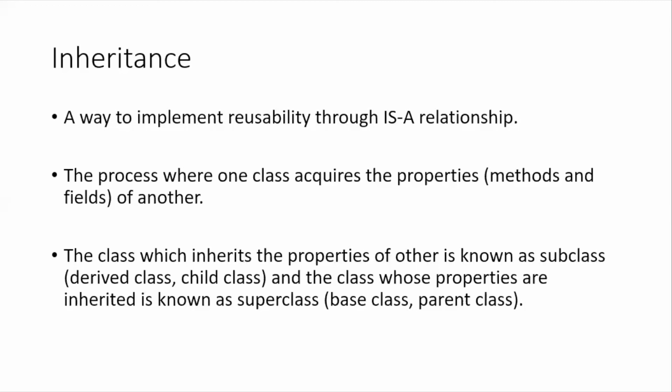So what examples did we discuss earlier? I said a car is a vehicle. So when can I implement this relationship? Is a car a vehicle? Is a dog a vehicle? No. So there will not be an is-a relationship. Now there are certain terms which are used. The class which inherits the properties of another class is known as a subclass, derived class or child class, which is going to reuse the functionality and add new features to it.